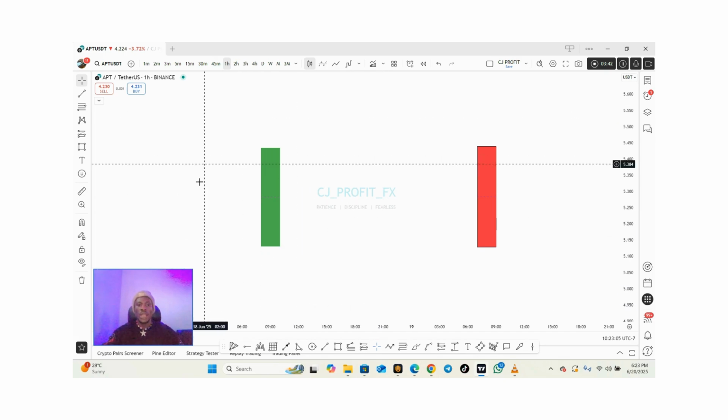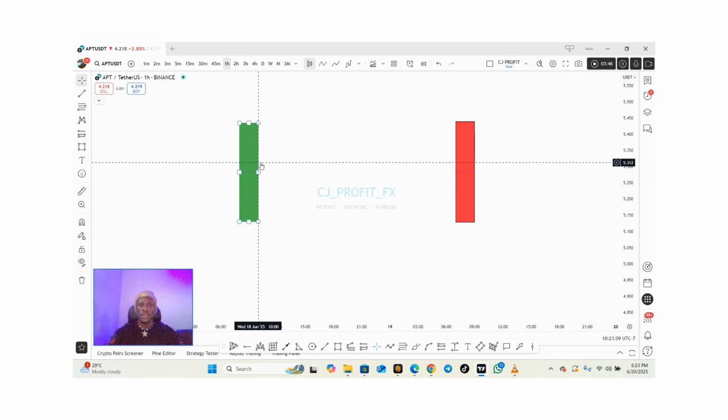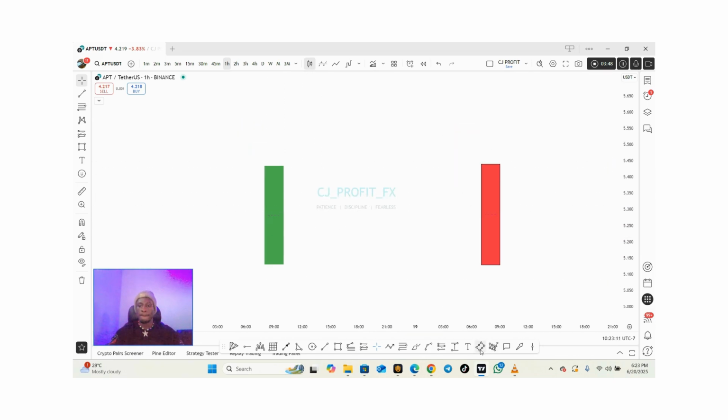I want to tell you every story about these candlesticks. We'll call this man a bullish candlestick or a buyer. Let me give the name. This is my bearish candlestick, or seller.